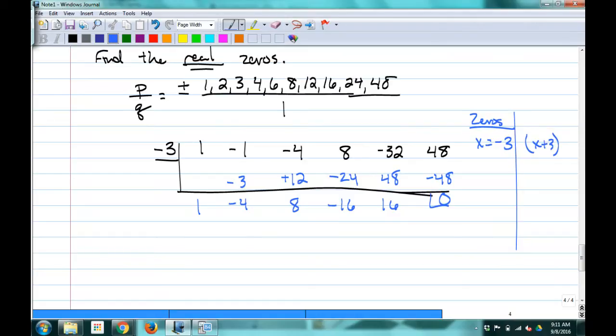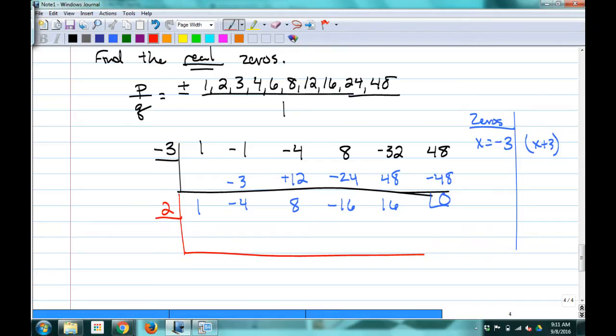Now, we're going to take that quotient and do synthetic division with it. We're not going to go back to the original. We're trying to break this polynomial down as far as we can. So we're going to do synthetic division again with a different number. What's the other number we're going to use? 2. So I'm just going to put my box here and put a 2 on that shelf.